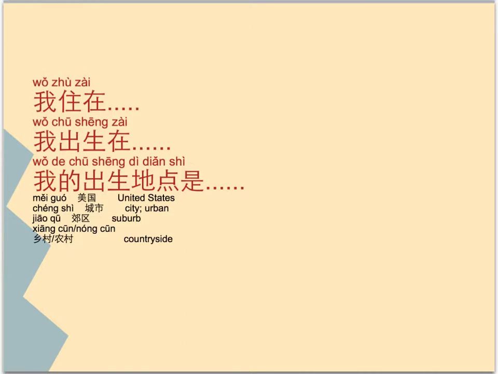Okay, the last word, 乡村. 农村. It means countryside. If you live in the countryside, you can say 我住在乡村 or 我住在农村. 我出生在乡村. 我出生在农村.